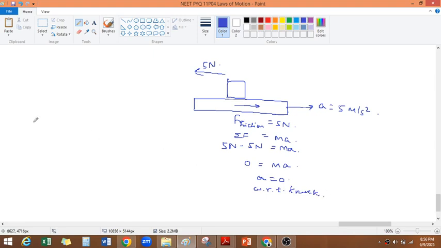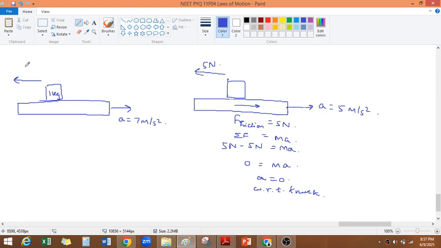But suppose if I change the problem a little bit, which often they will do, as I have been telling you, they will not ask the same question, they will twist the question for the next NEET exams. So A will not be 5, they will say it is 7 meter per second square for the same 1 kg. So that means this will be 7 into 1 kg.